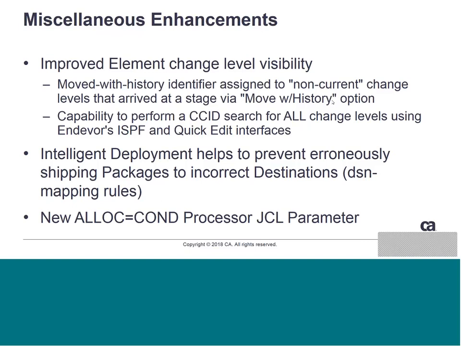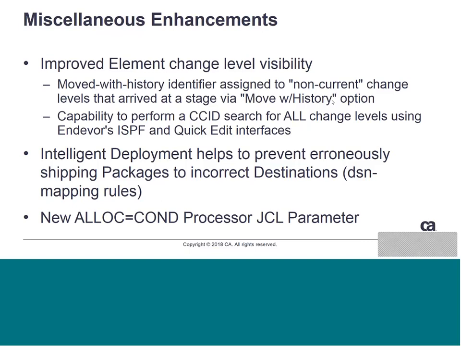The intelligent deployment enhancement was added to help some sites that are using package ship to ship to a large number of destinations, and the package ship function required the end user to identify what destinations to ship the package to. When this feature was invented long ago, it was never seen to be a big issue because we had 2 or 3 remote locations where we wanted to do the deployment.